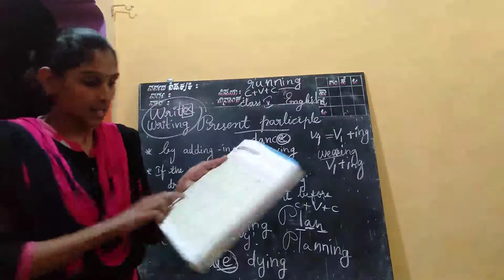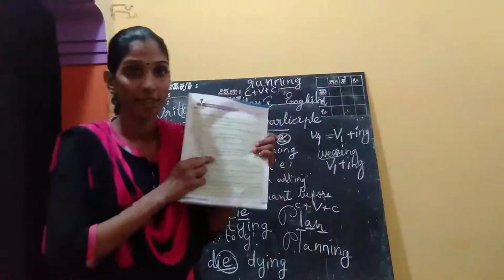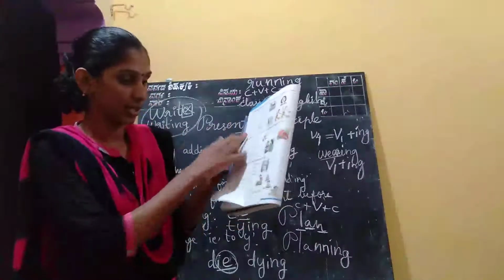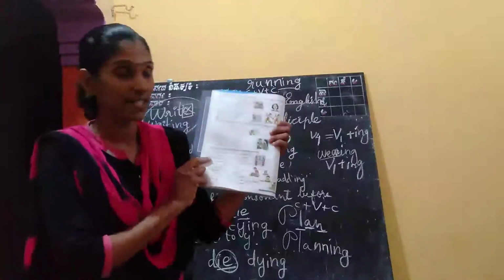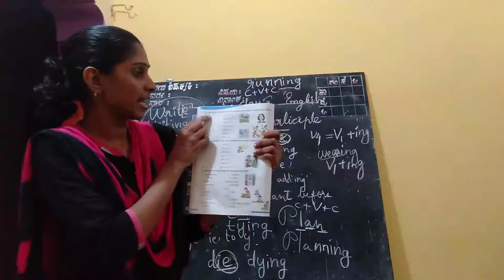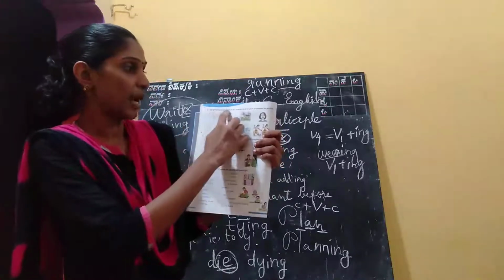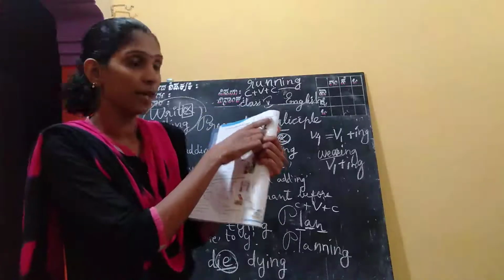Okay. Hope you understand. See, read these points well and you have to do the activity which is given on page number 16. Please turn over the page. On page number 16, there is an activity. Use the present participle form of the verb given in the bracket to complete the phrases.